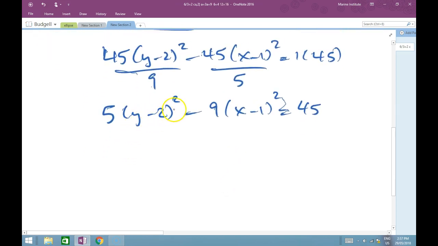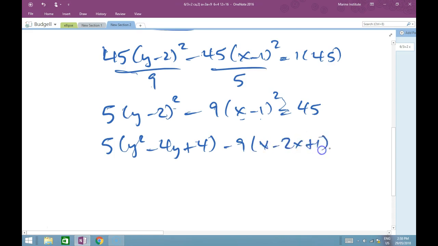FOIL out the (y minus 2) squared, FOIL out the (x minus 1) squared, and we would obtain y squared minus 4y plus 4, minus 9 times (x squared minus 2x plus 1) equals 45.